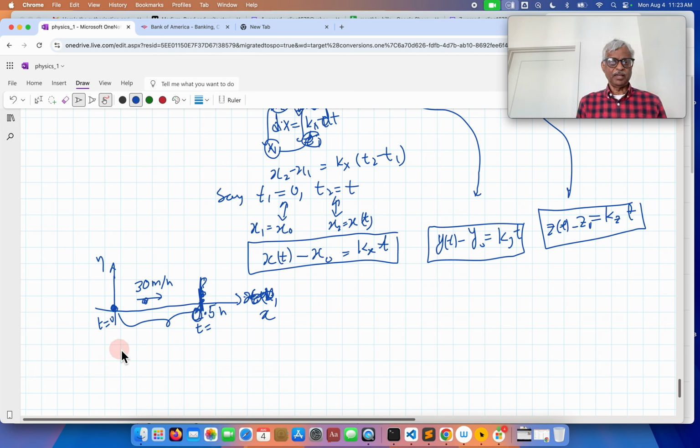And of course this guy has y equal to 0 and z equal to 0. It's not going anywhere into y and z. So we just look at kx. It says velocity was constant, k constant.